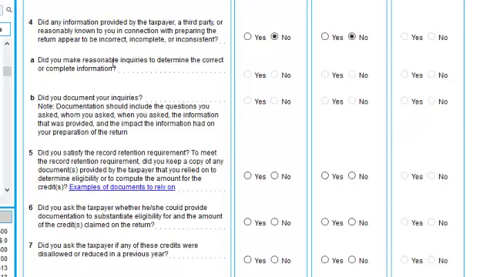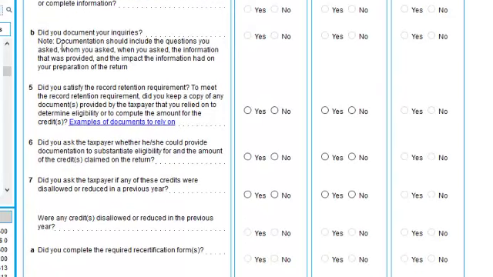Did you make reasonable inquiries to determine the correct or complete information? If it had said yes, then these would have populated. We could answer them, but since we said no, they didn't look inconsistent. They showed us some school records with the child's name on it, or a doctor bill, or health card with their name and their address. We are fine. Okay, continuing on.